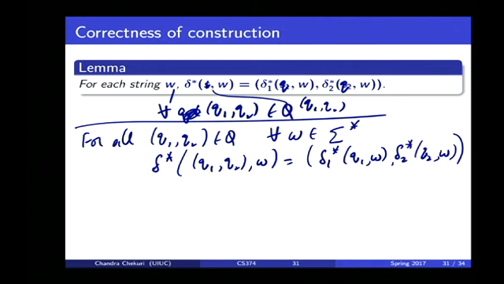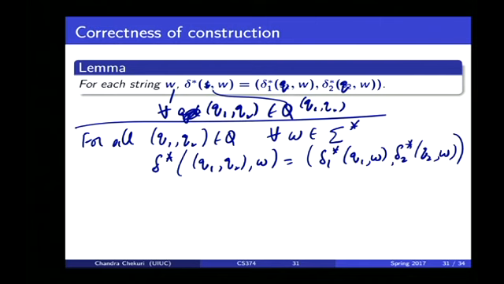Will this machine accept every string that is in L1 intersection L2? Well, it will. Why? Let's see what the machine does on W. If W belongs to L1 intersection L2, what does this machine do? From this lemma, if it starts in the start state of the new machine, S1, S2, where is it going to go?